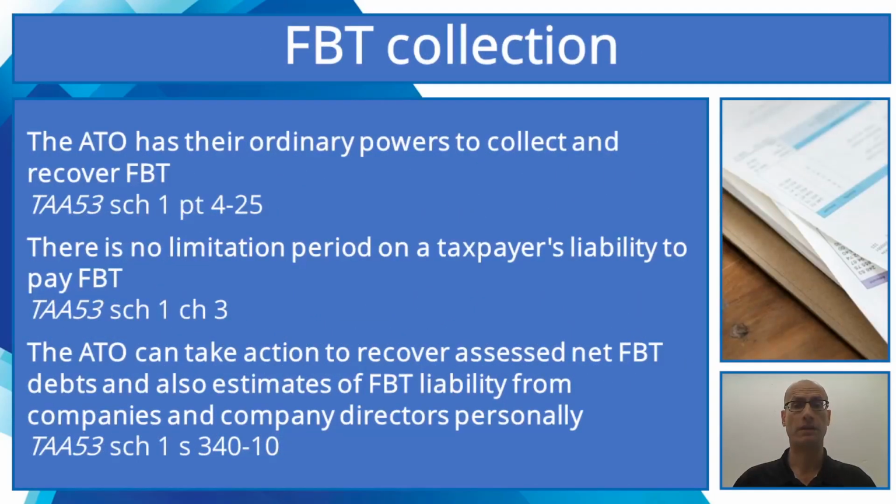The Federal Commissioner of Taxation has all of her or his ordinary powers to collect fringe benefit tax and recover it. There's no limitation period on the tax office's ability to claim outstanding FBT amounts, and they can also be claimed from directors and from the officers of the company directly in a situation where a particular company has been phoenixed or has been liquidated in order to not pay these particular liabilities.